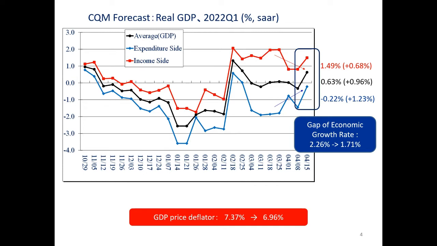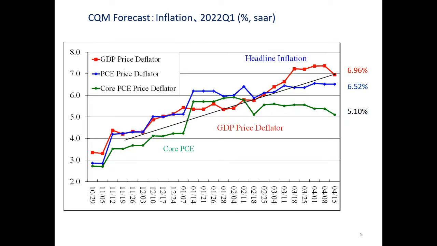The gap of economic growth rate between both the expenditure and income sides has narrowed from 2.26% to 1.71%. CQM forecast shows an uptrend in inflation, suggesting a prolonged Bidenflation.